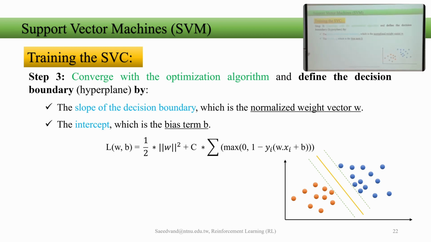So the slope is the decision boundary, which is the normalized weight vector W, and the intercept comes from the bias that we defined with the same equation. So W indicates the slopes and B indicates the intercept.